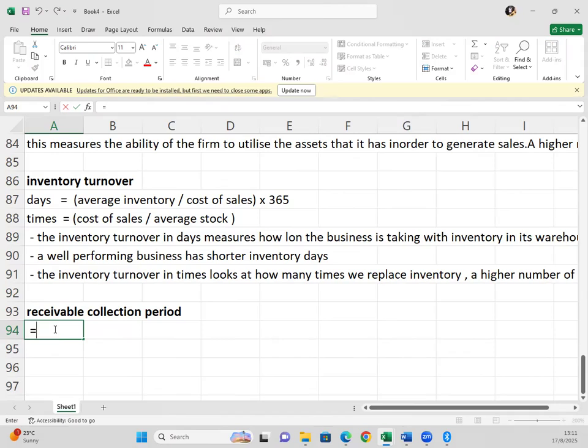So the formula for the receivable collection period, we say the receivables over credit sales, or we can use sales. If we are not given credit sales, just use revenue, times 365.